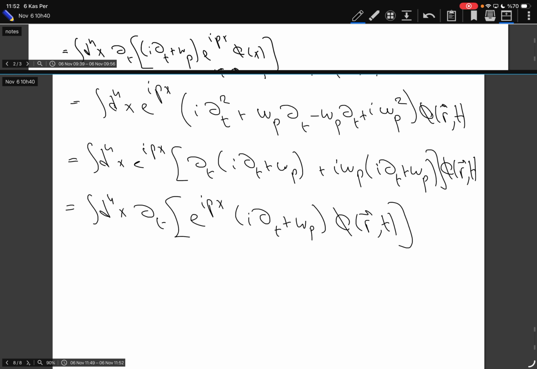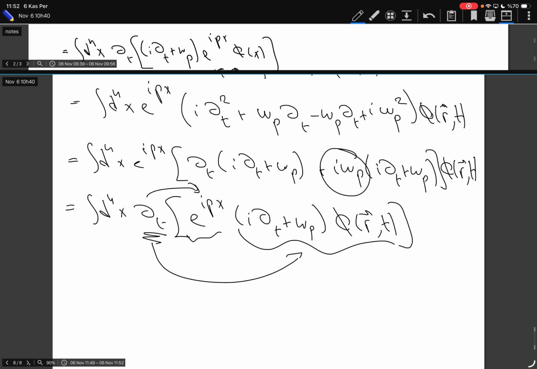You see, this derivative can act on everything over here, multiplied by the exponent. That will be one contribution. The other contribution will be that derivative acts on this one, bringing down a factor of i omega_p. P0 is omega_p. And the rest just remains as it is.